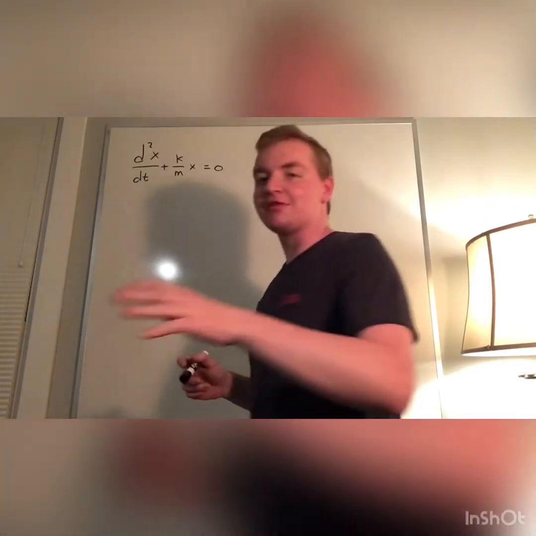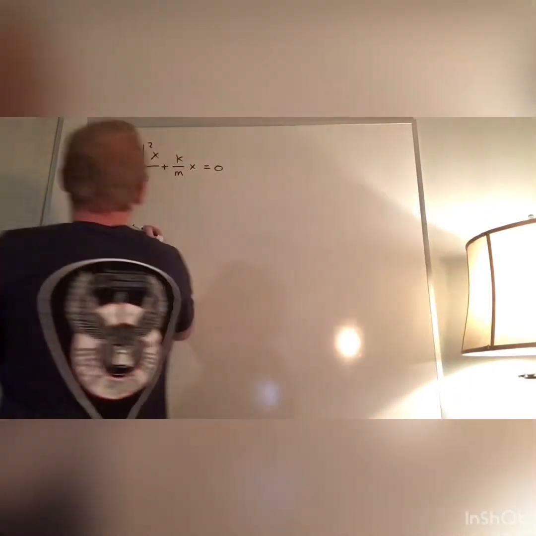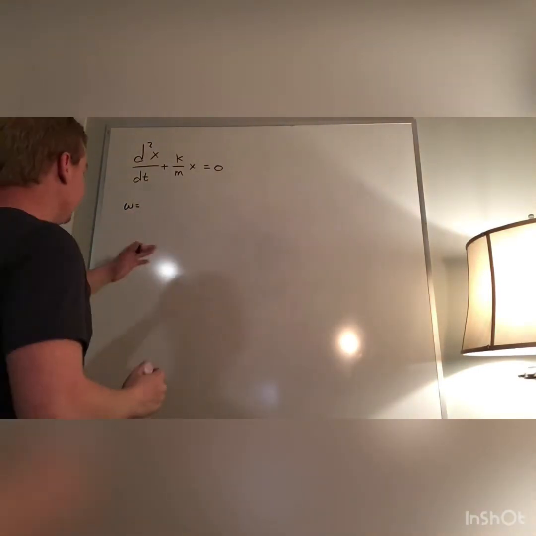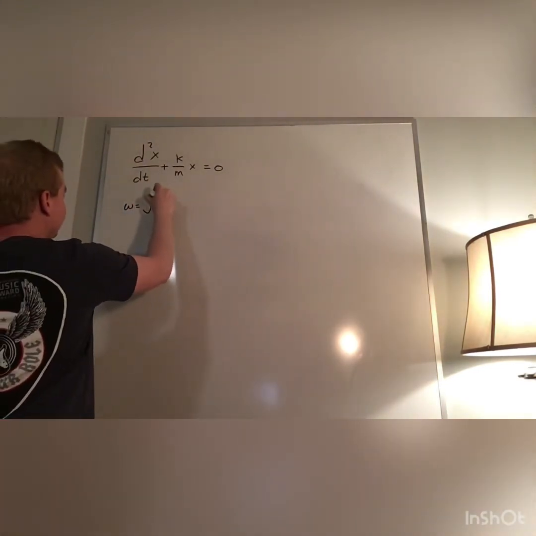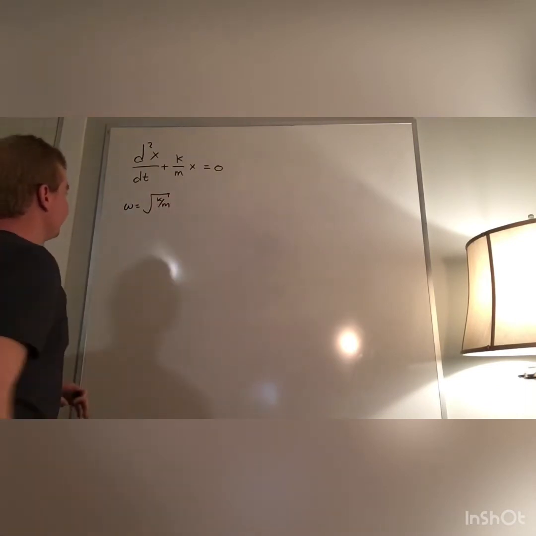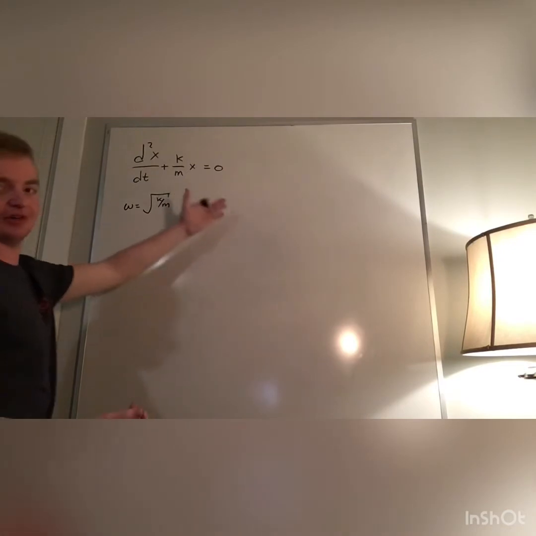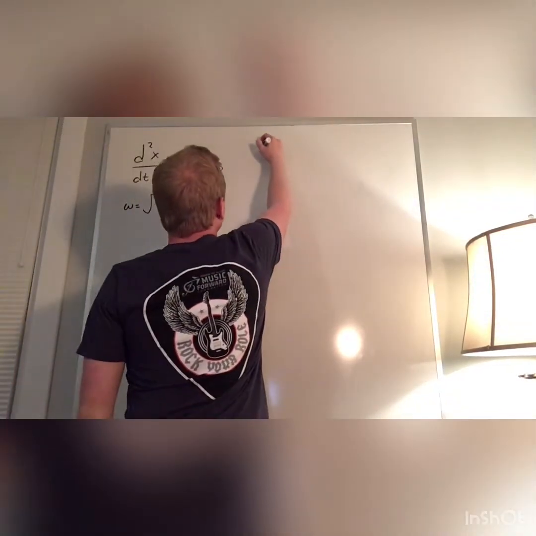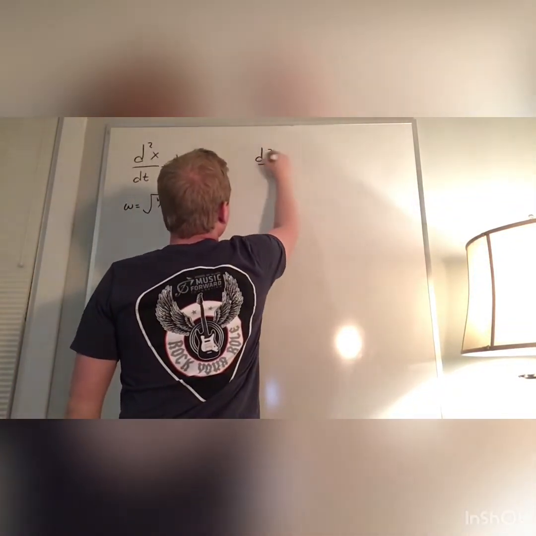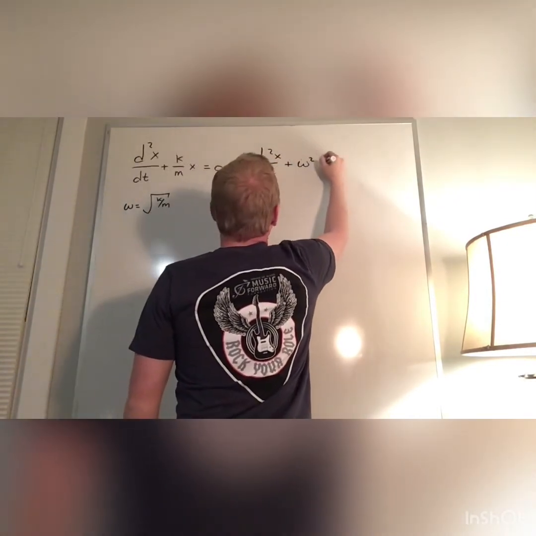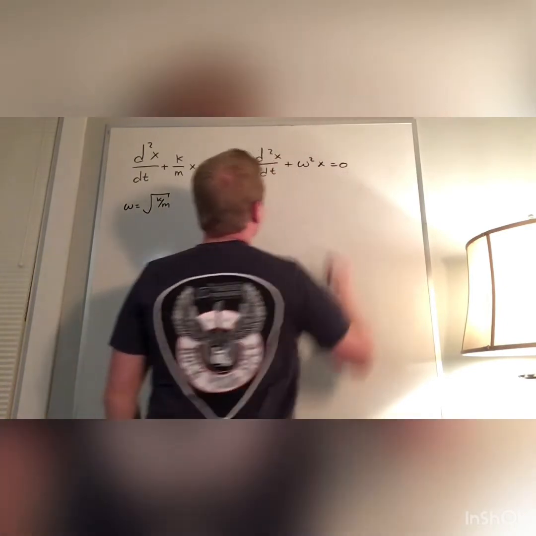So if you remember from the beginning of the video, I said that omega, or the radian frequency, is equal to the square root of k over m. And we're going to try to substitute this into our differential equation somewhere. It's going to yield the second derivative plus omega squared x equal to 0.